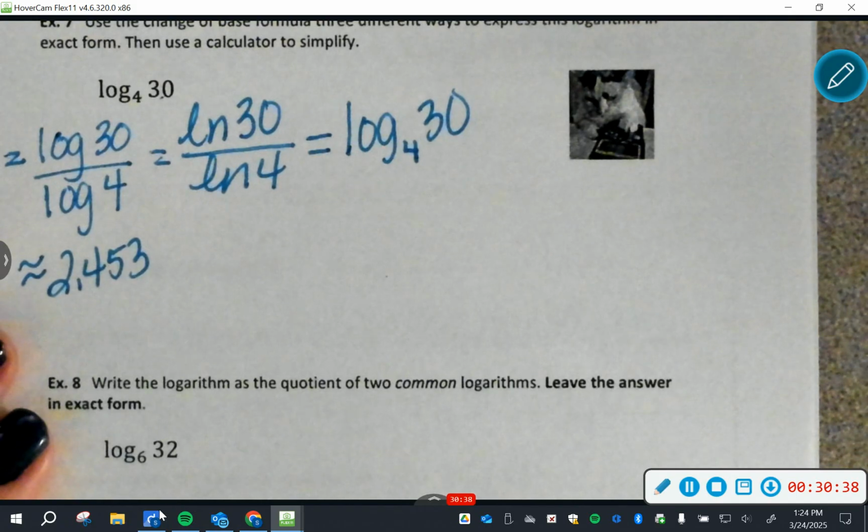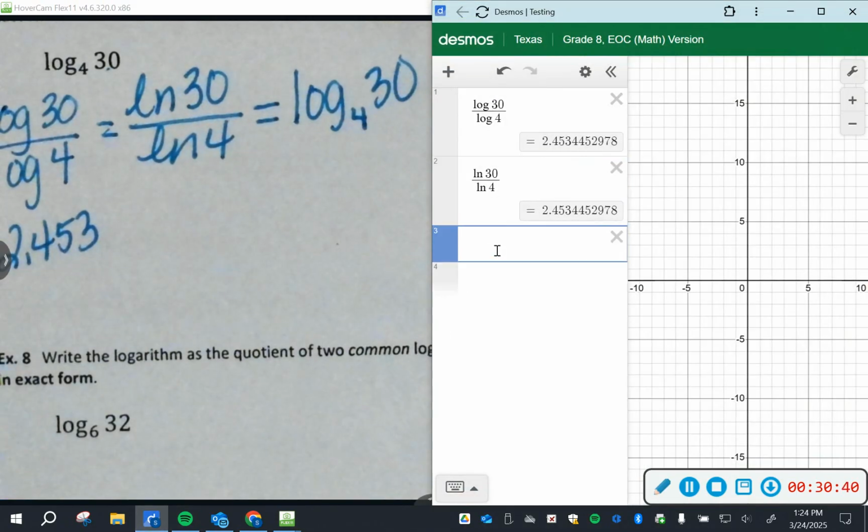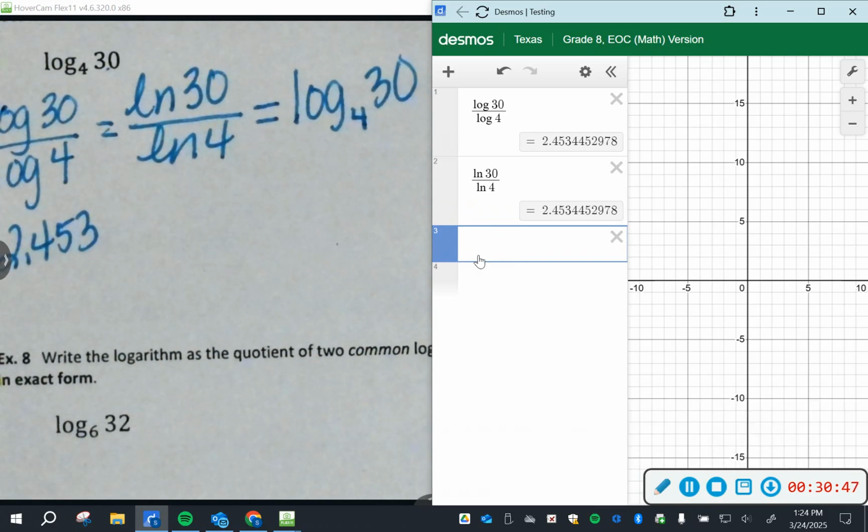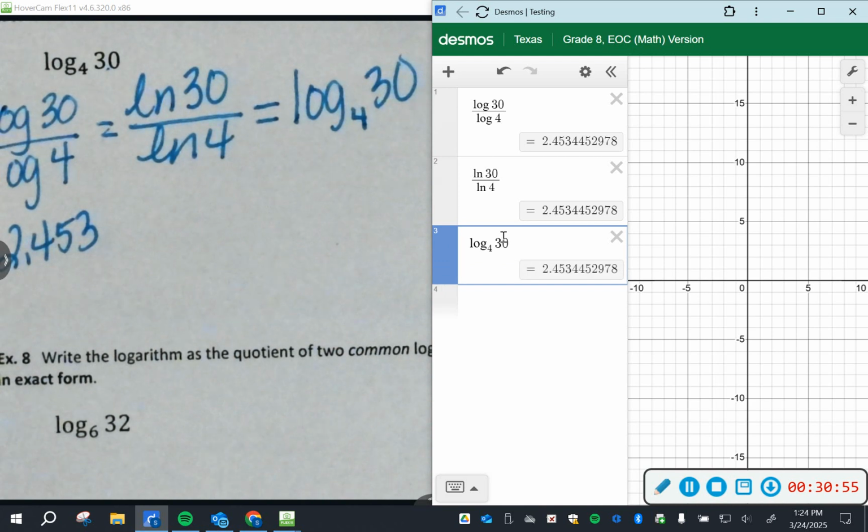You can go down here to functions and find log, but I think that's a lot of work. You can type log, shift minus sign, 4, of 30, and it gives you the exact same crazy decimal. 3 different ways of doing the same thing.